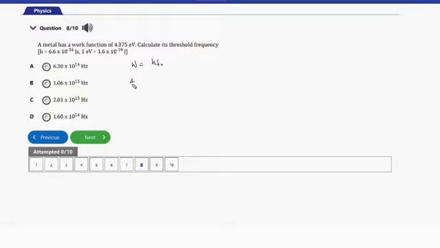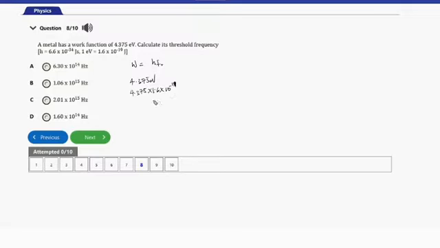So guys, the W we have here given to us is 4.375 electron volts, which is actually 4.375 times 1.6 times 10 to the power of negative 19 joules. And that's because 1 electron volt is actually 1.6 times 10 to the power of negative 19 joules.